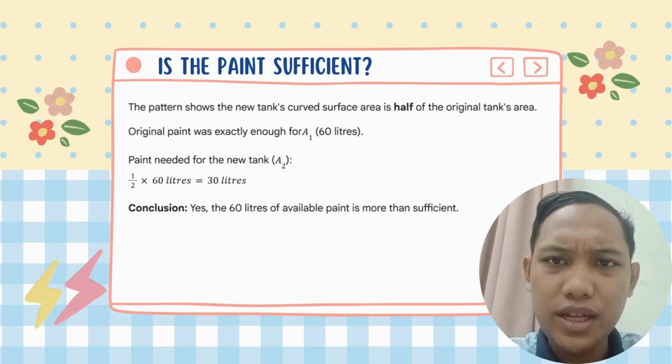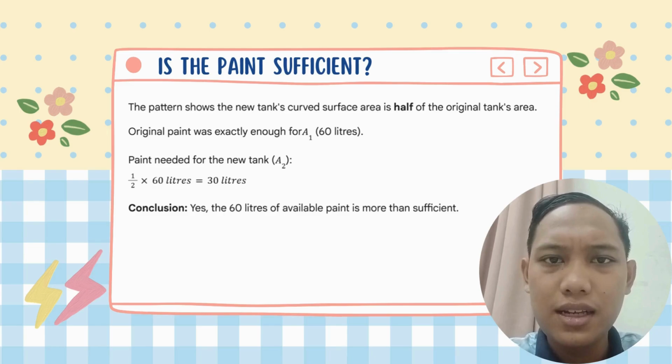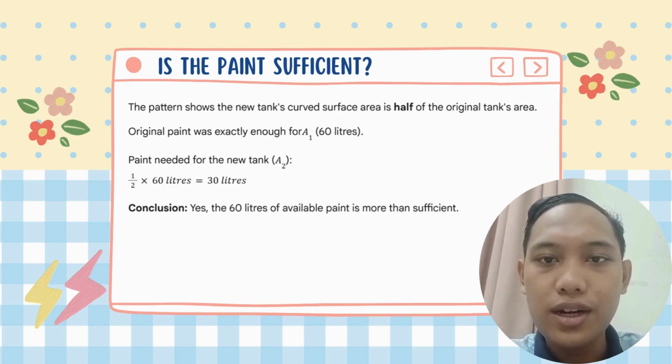So what does this pattern, A2 equals half A1, tell us? It clearly shows that the new tank's curved surface area is exactly half of the original tank's area. We know that the original 60 liters of paint were exactly enough for the original area A1. This means for the new area A2, they will only need half of that paint.